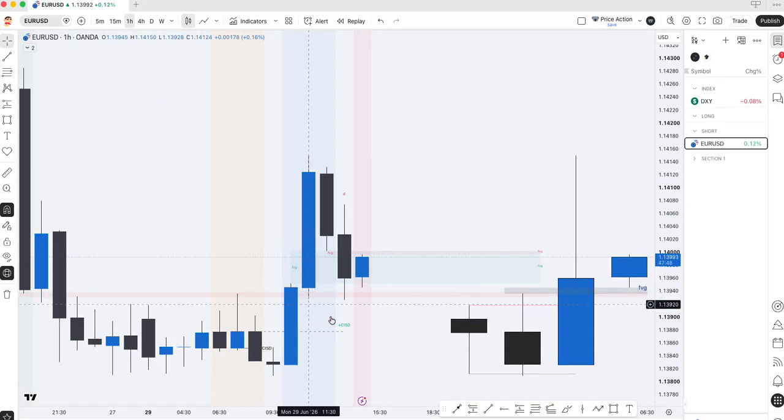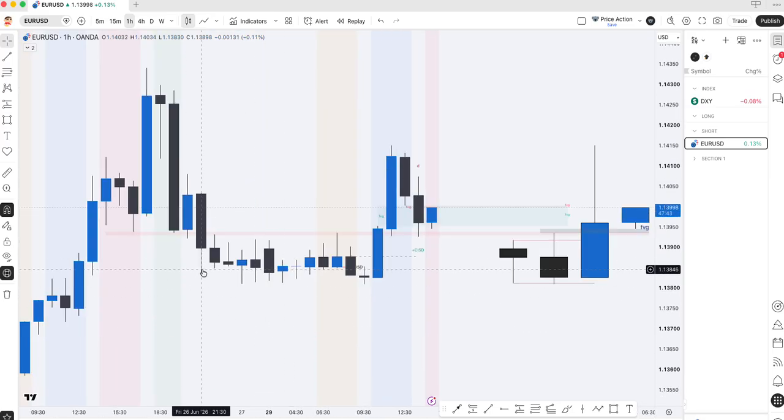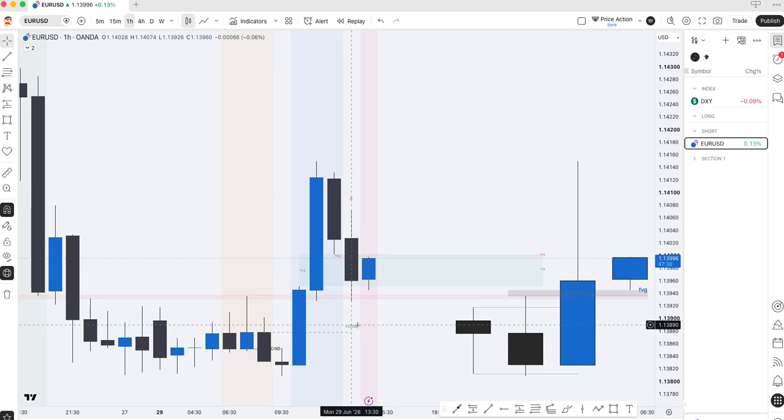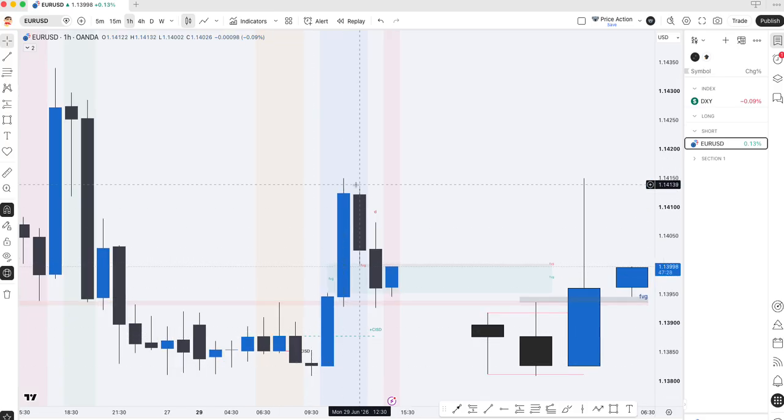So all the intraday traders who will try to buy here on this FPG, thinking that okay, we have an accumulation, a lot of candles here, and we break the structure. We did a market structure break, or we can say a bullish change in state of delivery, which is marked here, and then such a strong displacement, which made an FVG.